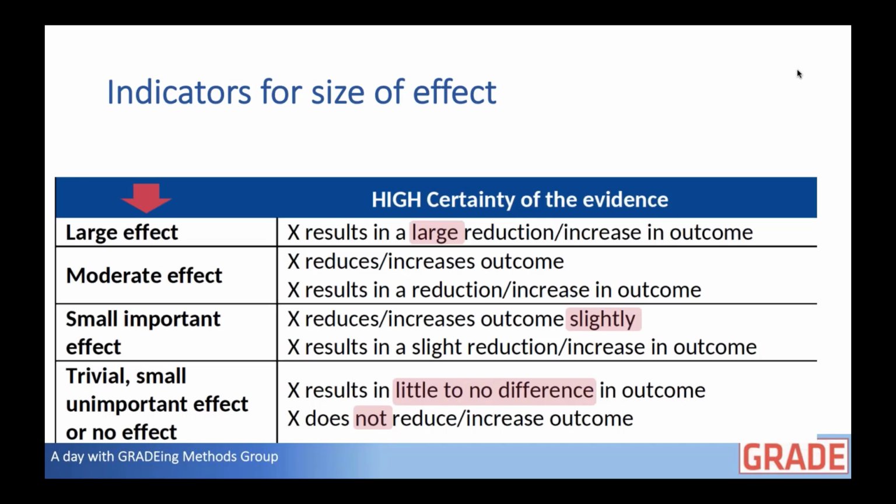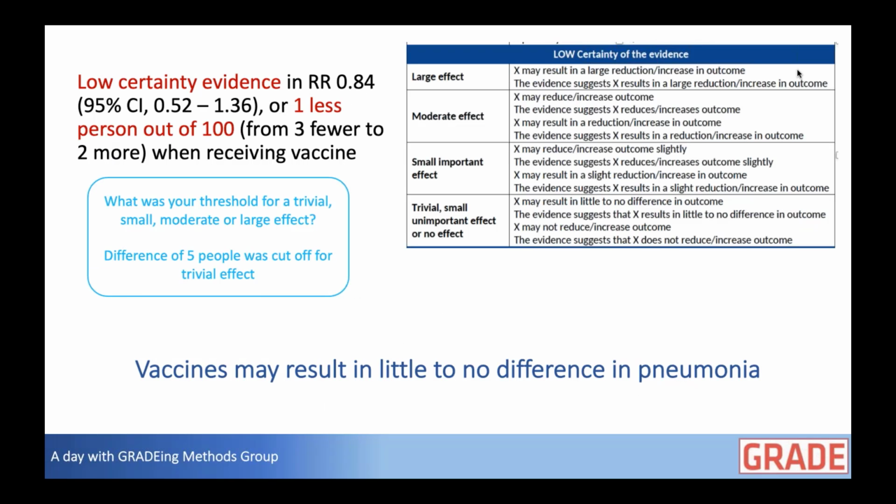And a little bit contentious, you might say that it does not have an effect at all, whether it's a reduction or increase. So those are the words that pertain to the size of the effect. And again, you would qualify the certainty of evidence using those words such as may, probably, likely, evidence suggests, etc. So that's the basic idea behind the setup.